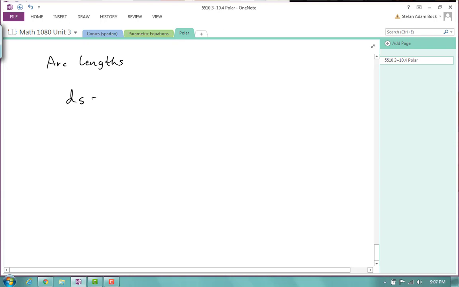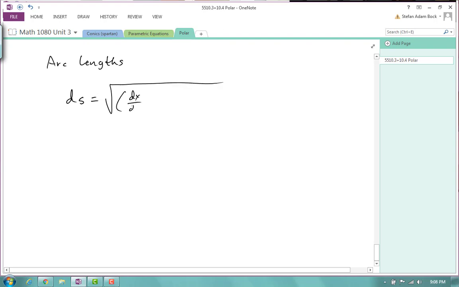The arc length is equal to the integral of ds, and the ds can have different representations depending on, first, what kind of coordinate system you're working with, or second, whether or not you're using parametric. But since polar kind of counts as parametric, we have this.